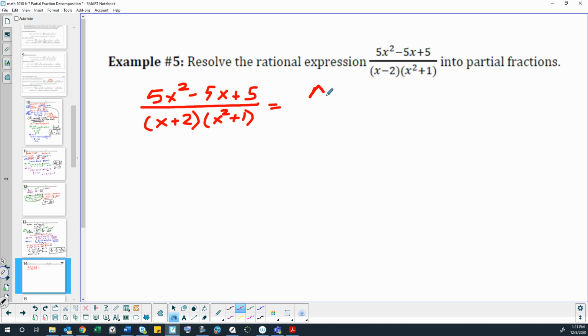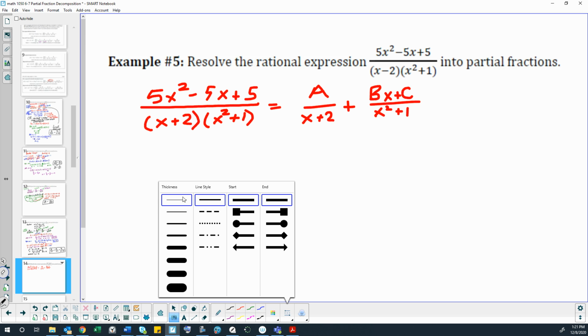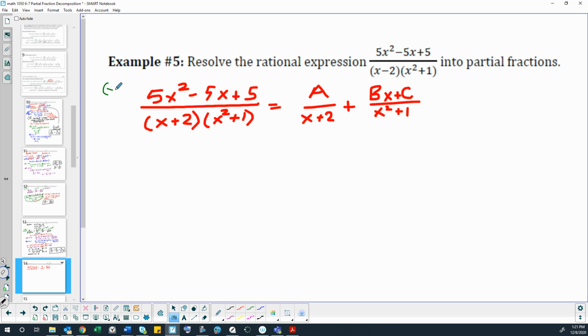So that will be A over x plus 2, because that's a linear factor, so it's a constant on the top. And then it will be Bx plus C over x squared plus 1, because of that being an irreducible quadratic factor, so we have to have a linear in the numerator. Okay, so then we multiply by our least common denominator.